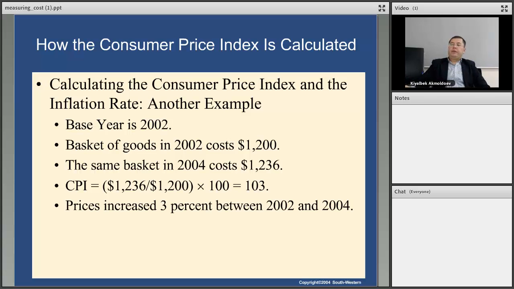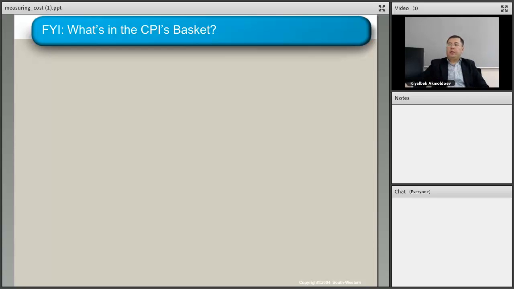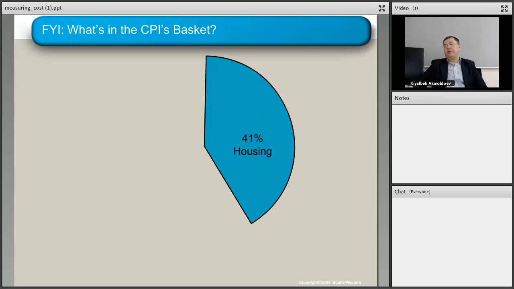And if we see price increase by 3%, it is 3% between 2002 and 2004, we can see. So what is the CPI's basket? Mostly the people's expenditure, mostly it is spent for housing, which is 41%.